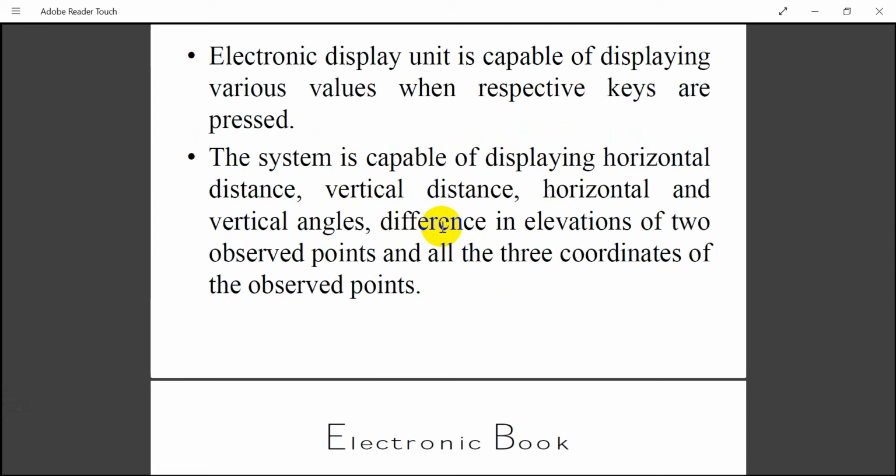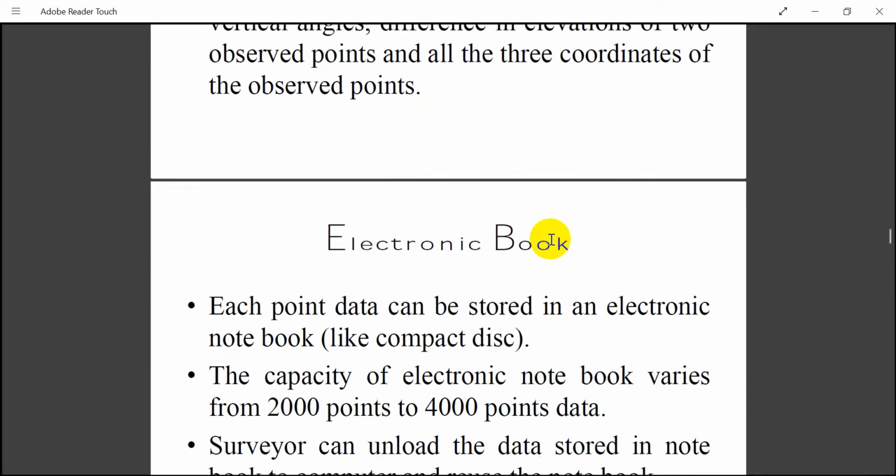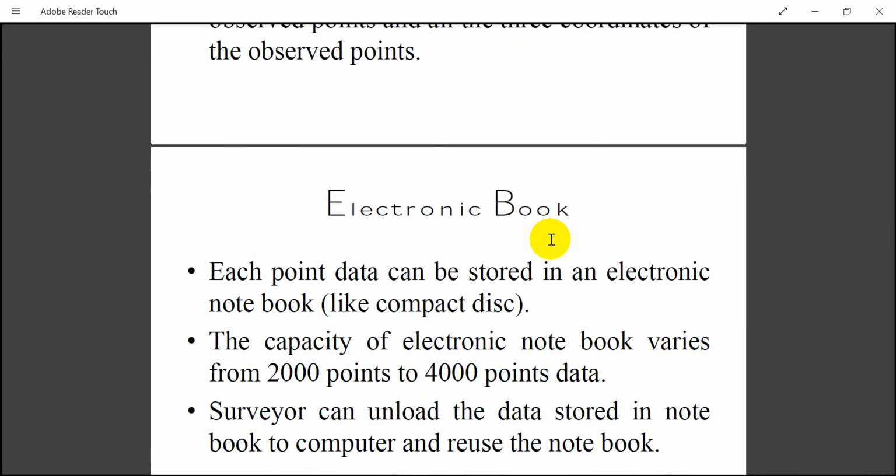Everything you learned throughout Surveying 1 and 2 by the different methods, it supplies all those values using this one equipment. That's the use of the total station, and that's why it's called total.